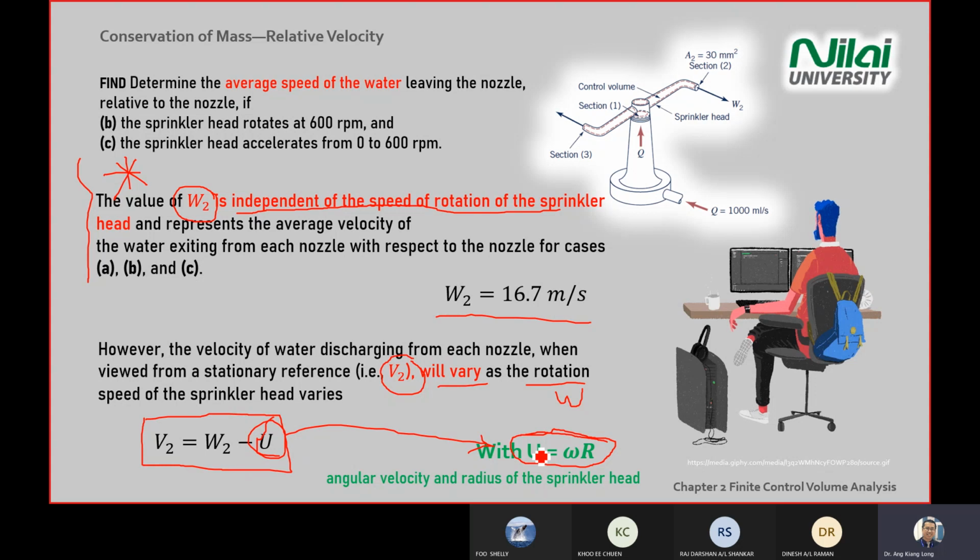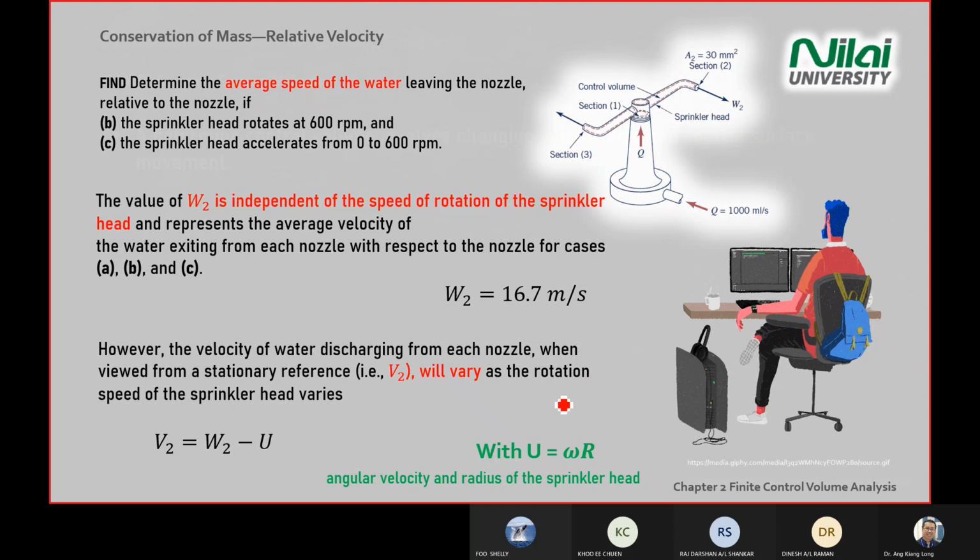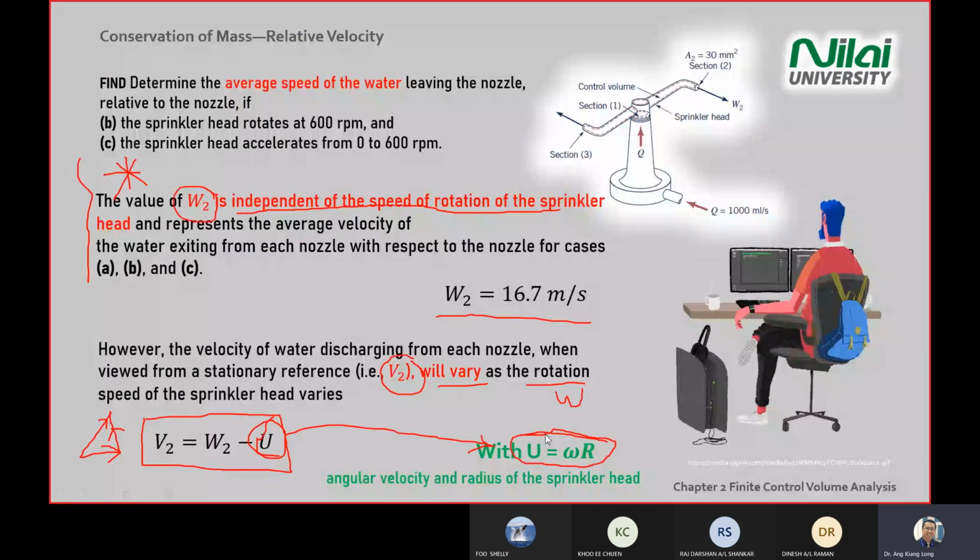Velocity and relative velocity are different things. So for this one you need to refer back to the triangular vector that we learned earlier in today's session. Look back at the slide there. Okay, let me stop the recording.